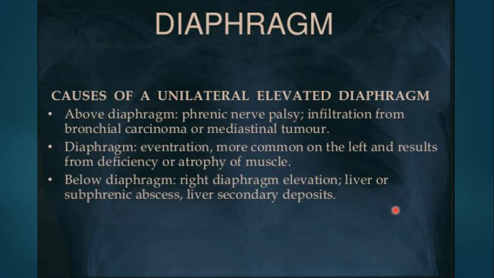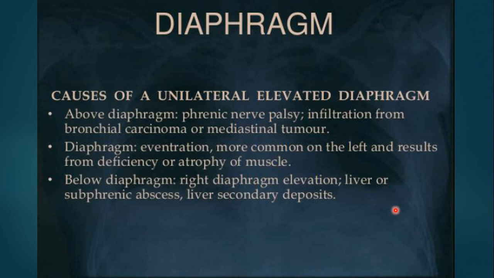Causes within the diaphragm itself are eventration, which is more common on the left side, due to deficiency or atrophy of the muscle, leaving only a continuous layer of fibrous tissue.